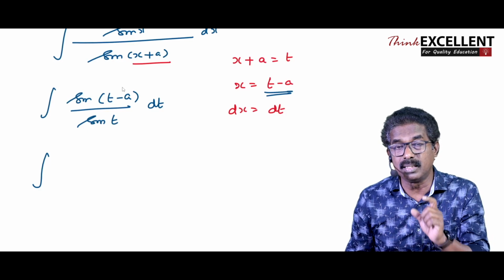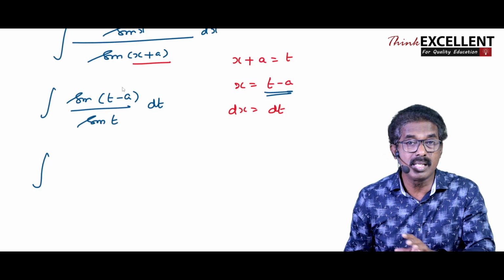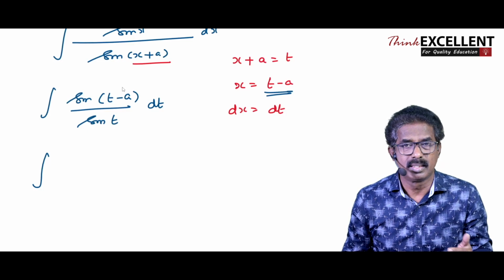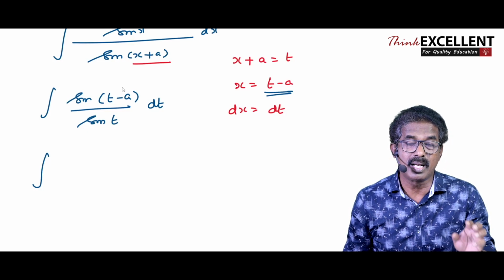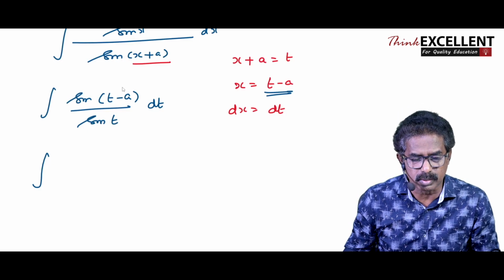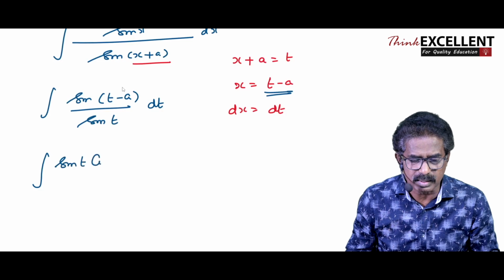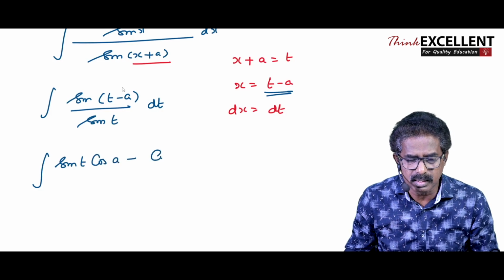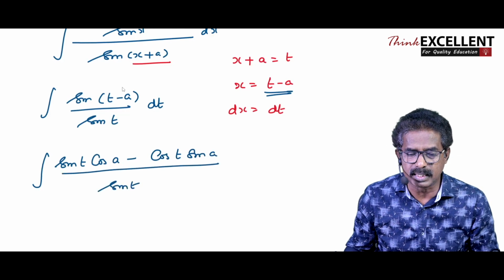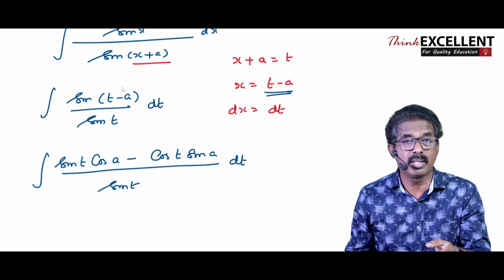So finally, you must be thorough with trigonometry results. All the results you learn in 11th standard, all the trigonometric identities and results, must be known well. Sin a minus b, so sin t cos a minus cos t sin a divided by sin t dt. Now how can you do this one?